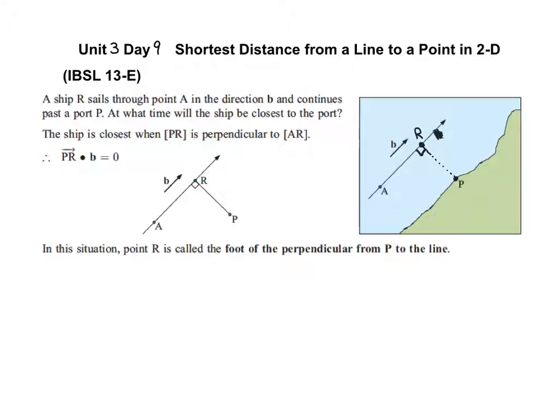Does that make sense? If R is where the ship is, I want to look at it at this moment. So the ship is right here, and this is the path that it's traveling along. I want the shortest distance right there.